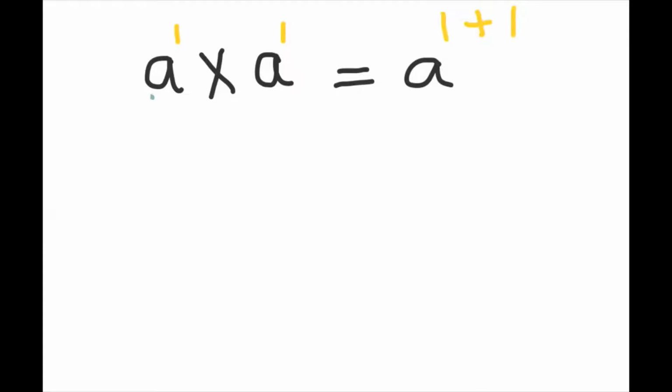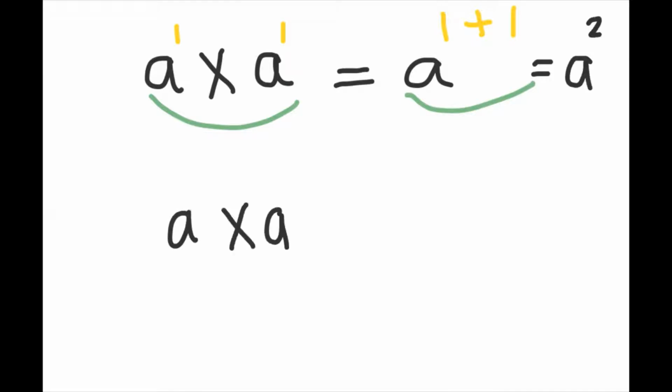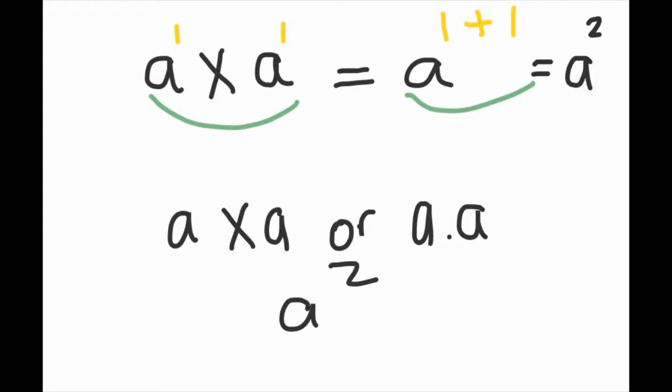So the a to the 1 times a to the 1 becomes a to the 1 plus 1, and that answer is a squared. So if you see a times a, the answer is a squared.